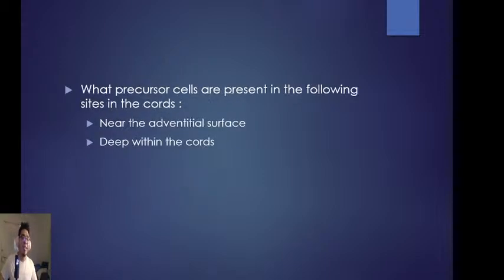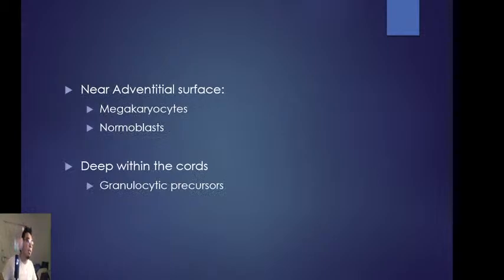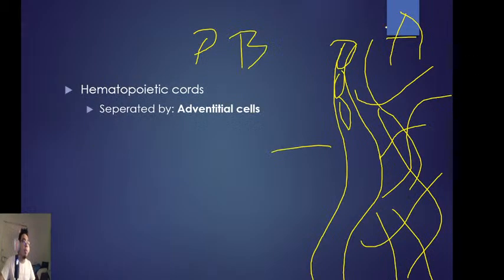Okay. So, the precursor cells that are present in the cords are usually near the adventicula or within the cords. If it's near the adventicular surface, it's going to be the megakaryocytes and normoblasts. But if it's deep within the cords, it's granulocytic precursors. Referring to the previous drawing, if it's within these cords, you're going to see a lot of granulocytic precursors.